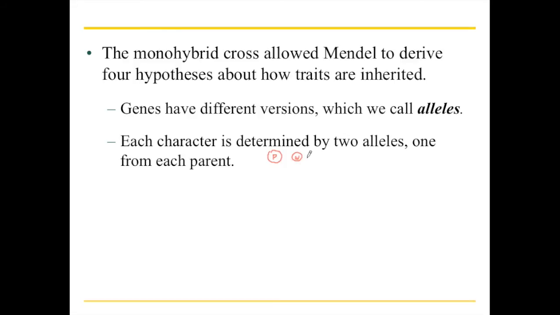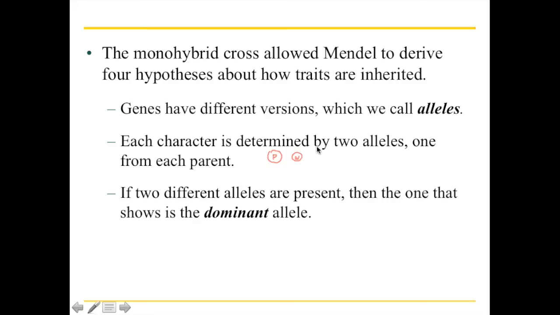And I deliberately drew the white in a slightly smaller circle because the white isn't visible, right? It's not visible. But if we're going to encounter it again in the next generation, and we do it at this 25% level all the time, then we're going to have to carry it with us. And so what he said is that if we're going to do this, then one of these alleles is going to be dominant.